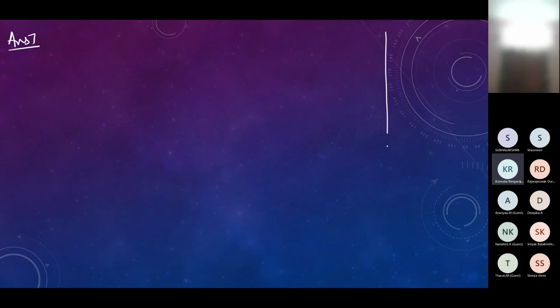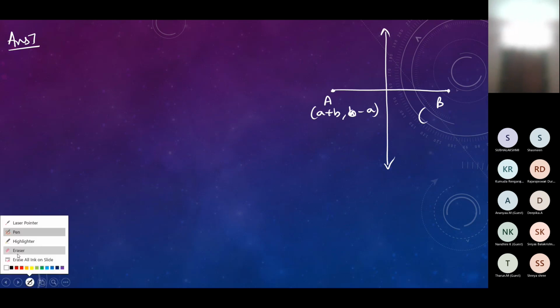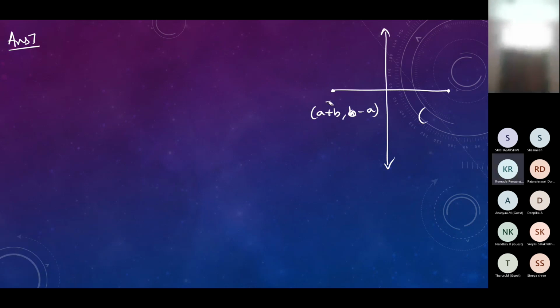So you can draw a diagram like this. P is given by A plus B, comma, B minus A. And Q is given by A minus B, comma, A plus B. Children, please listen to me.